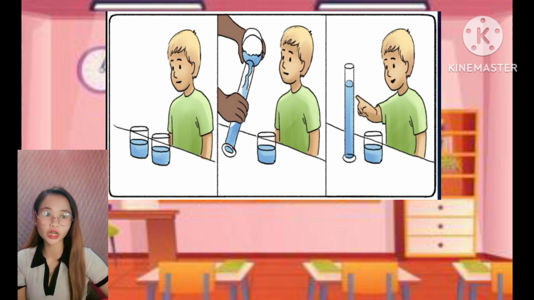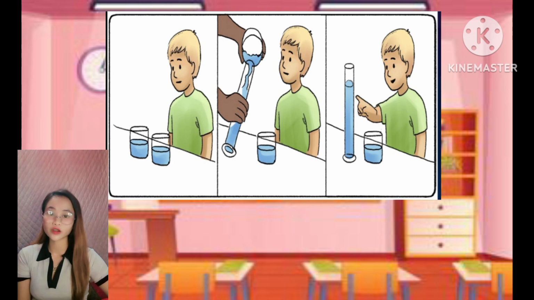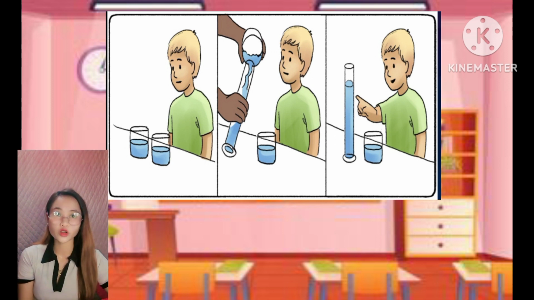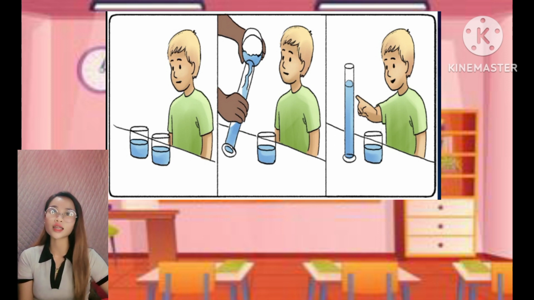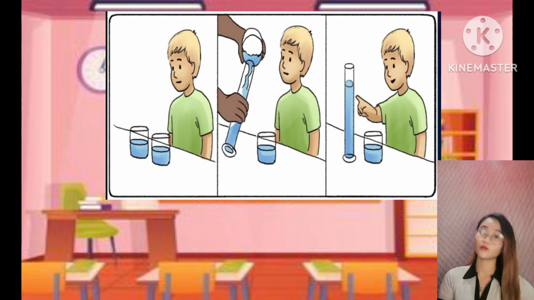As you can see here, there is a boy and two containers of water. A teacher uses a graduated cylinder to transfer the water into a taller container. After the empty glass is taken away, the teacher asks the child to choose which contains more water, either the taller container or the small container.